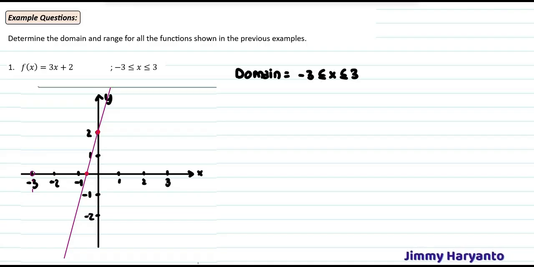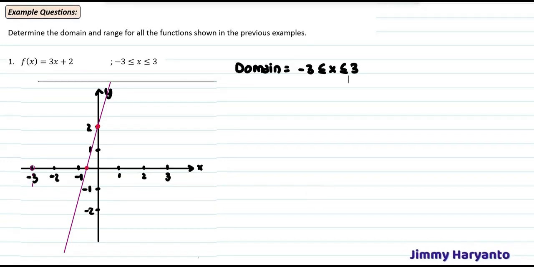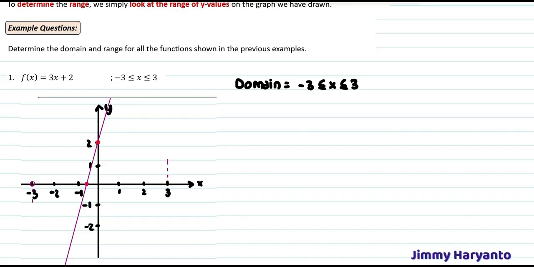And then to find the values of y, or the range, we have to know the shape of the curve and also the minimum point, the lowest point, and the highest point on that curve. The highest point should be right here when x equals 3.